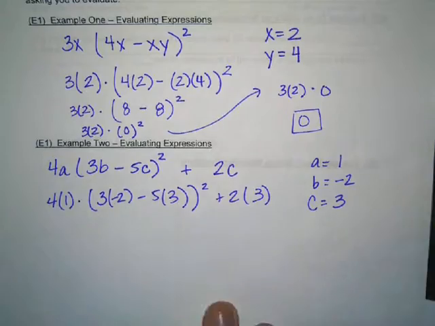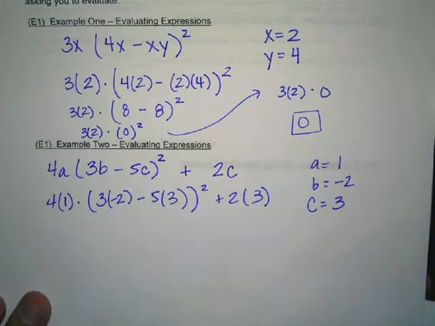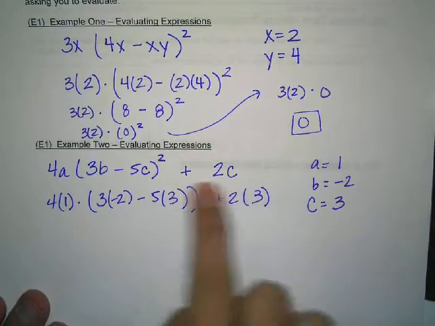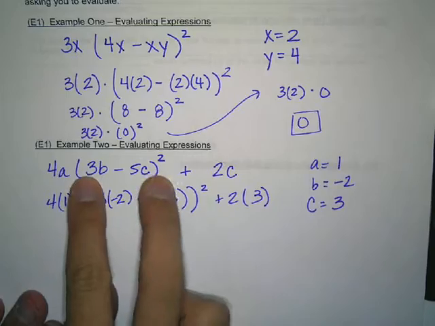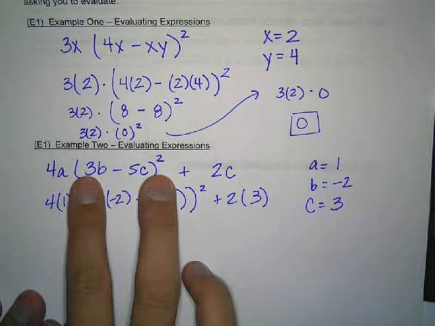Okay. So put the values in where they belong. How many sets of parentheses do I have? Well, main parentheses, I should say. From the original problem, I just have one set, right? Which means down here, as I start multiplying stuff together, I need to figure out what's in those parentheses first.